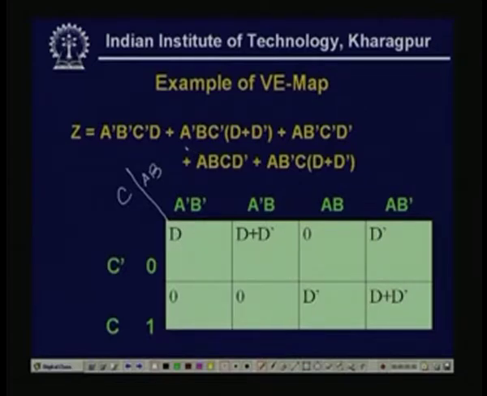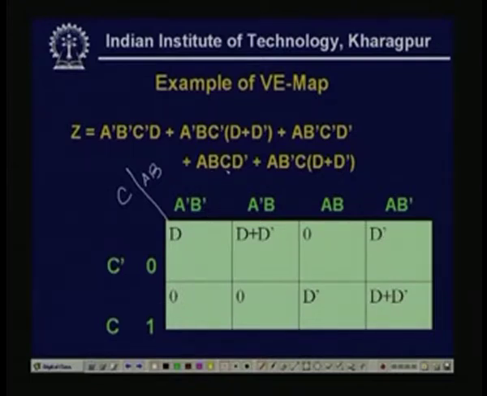Similarly, the second min term is A'BC', and both D plus D' are there. There is no min term for ABC', so it is 0. Now, again AB'C', the fourth one, the term is D', so I write D' here.